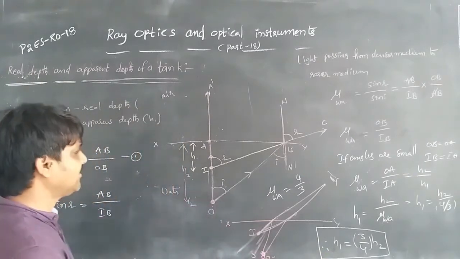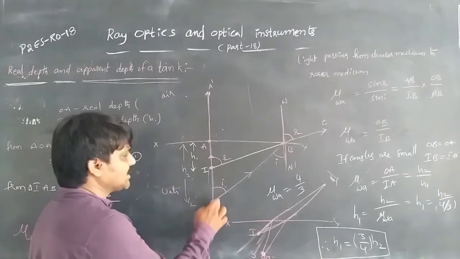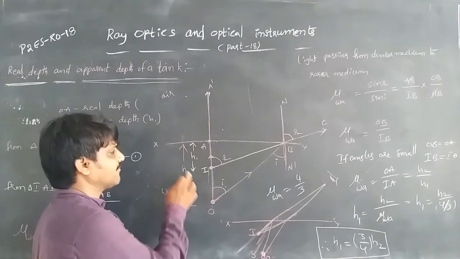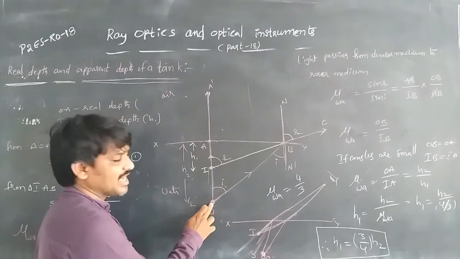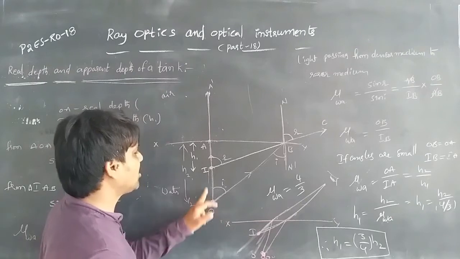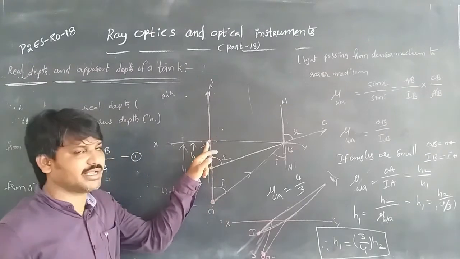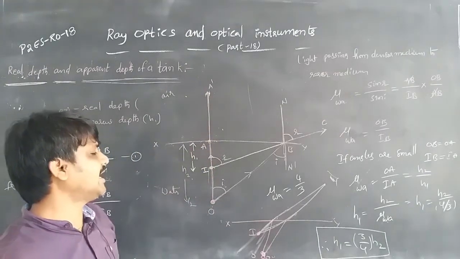Once again, the object is placed below the water surface XY at point O, and an incident ray falls normally on point A and moves along OA.